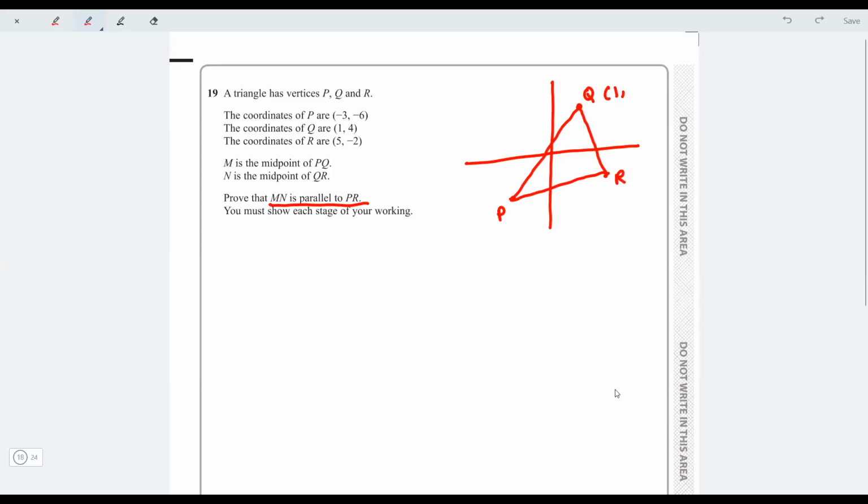Kind of just label that as well, just so we can double check. Okay, so, M is the midpoint of PQ, and N is the midpoint of QR. Now we have to prove that MN is parallel to PR.